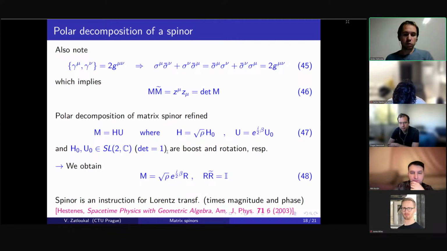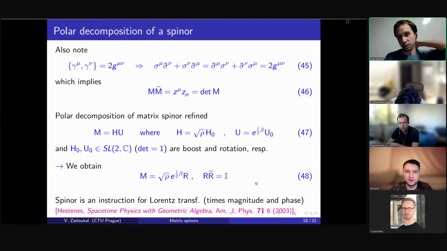Then we can cast this polar decomposition in the form which is standard in geometric algebra. It writes a spinor as R, which is a Lorentz transformation, times some magnitude and phase. So the spinors in geometric algebra in this decomposition are understood as instructions for a Lorentz transformation times some magnitude and phase.